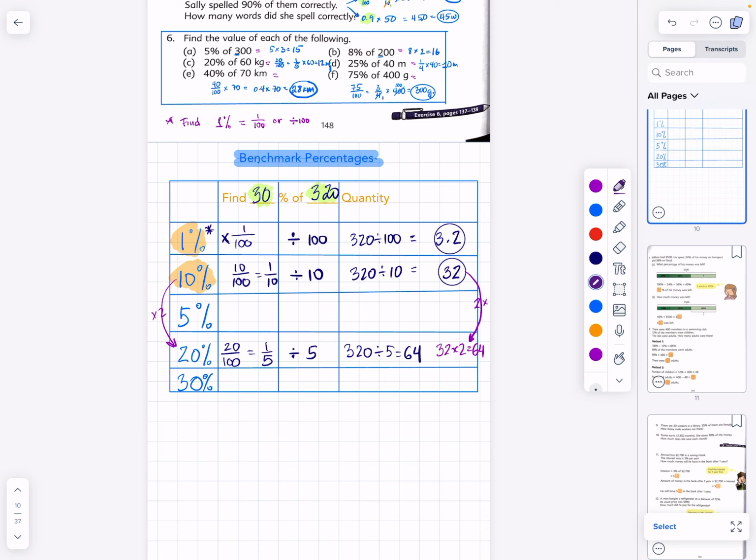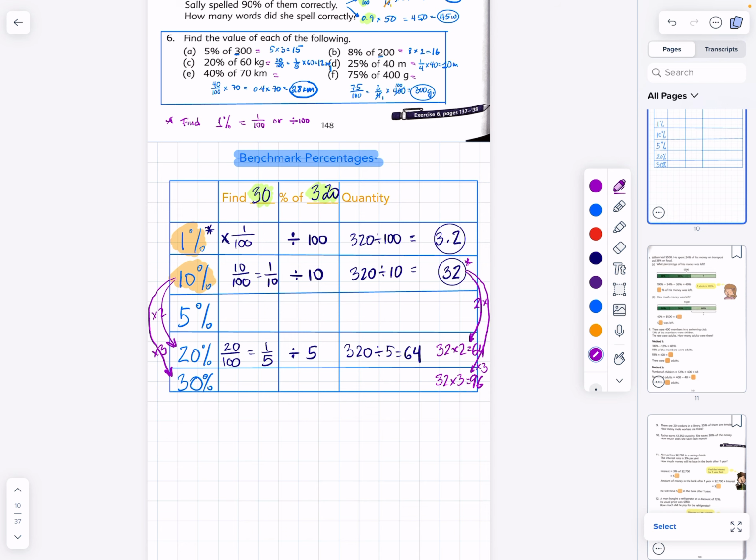Because our original problem is to find 30% of 320. Well, we can again start by finding 10%. 10% is easy. It's an easy benchmark. We divide by 10. So 320 divided by 10 is 32, right? That's our benchmark. And to find 30%, we would just triple that quantity, right? We would first find 10% and then triple that. So 32, triple that becomes 96.